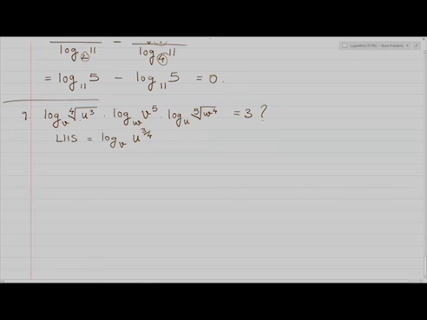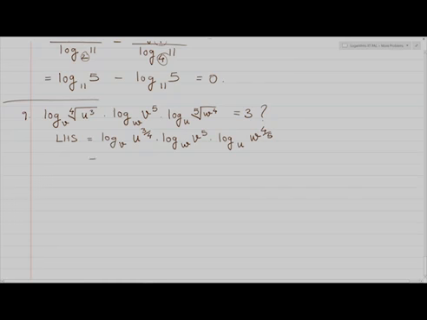You know this, right? Then log to the base w of v raised to 5, there is nothing here, all these are multiplied, into log to the base u of w raised to 4 upon 5.